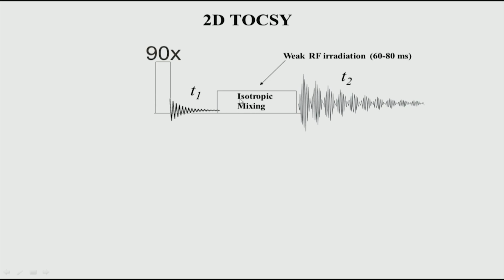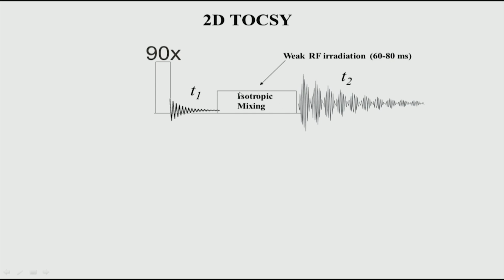Now, what is isotropic mixing? Isotropic mixing is nothing but weak RF irradiation applied continuously for 60 to about 80 milliseconds. It is not a pulse in the sense that it is not a very short microsecond pulse, but rather a weak RF irradiation applied continuously for a duration of 60 to 80 milliseconds.